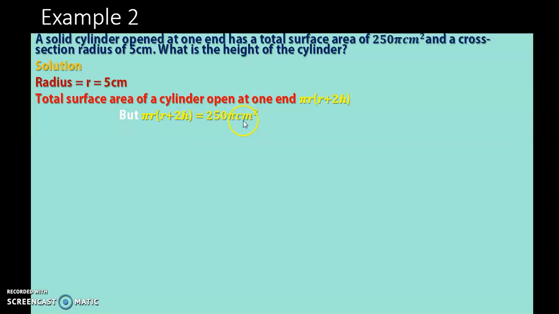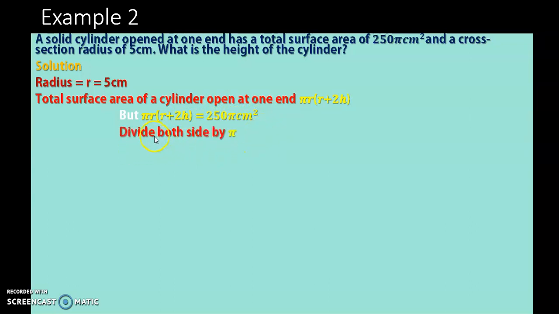If you could recall that the total surface area of a cylinder open at one end is already given, it's already calculated, which is this 250 pi centimeter square, and the answer is given in terms of pi. So we are going to just equate the formula to 250 pi centimeter square.